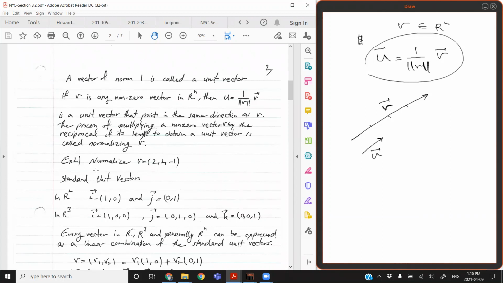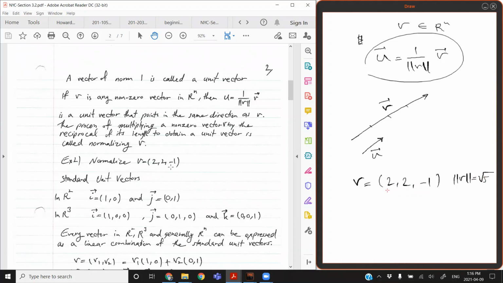So if I say normalize this vector, it simply means find a vector that has the same direction as this one, but it is of length 1. So if v is (2, 2, -1), you can see that the norm of v is going to be the root of 2 squared plus 2 squared plus 1 squared. That's going to be 5?